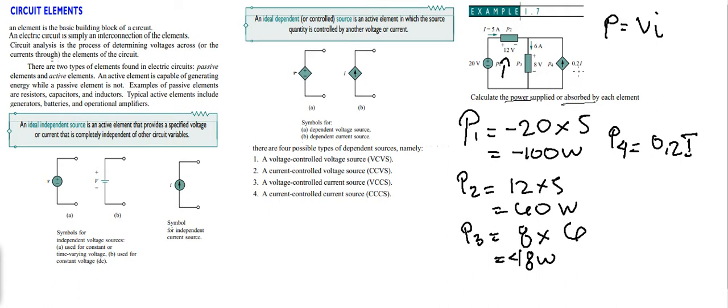Now, for this one, ang value ng P4 natin or yung current nito is nakadepende sa I. So, kung titignan natin, this is I and we have a value here for I which is 5. Now, multiply pa natin ng voltage natin dito sa 4 na yan. Hanapin pa natin yung voltage ng P4. We have P4 is simply 0.2 times yung 5 natin, multiplied by ang voltage natin ng V4 natin, yung 8 volts. Kasi nga, itong P3 natin at saka itong P4 natin are in parallel.